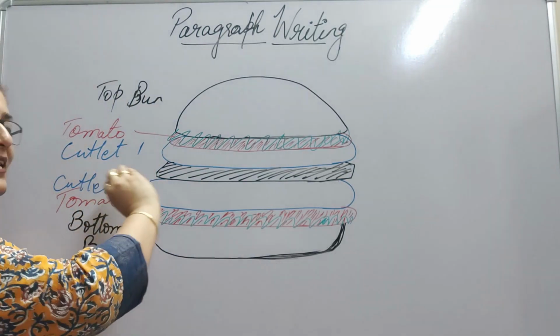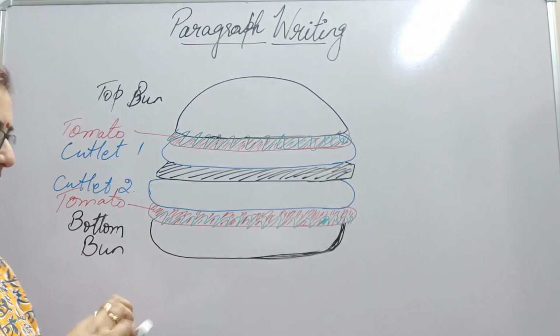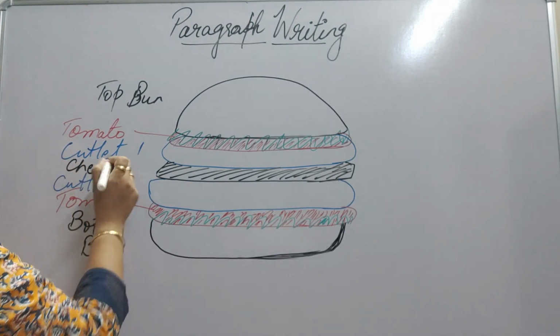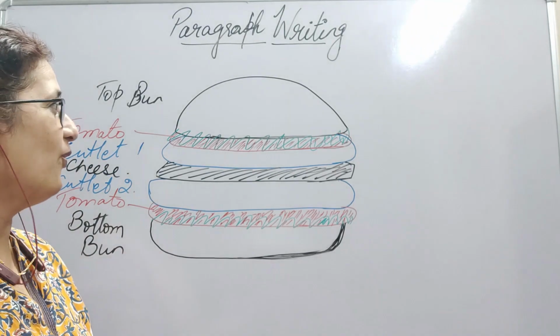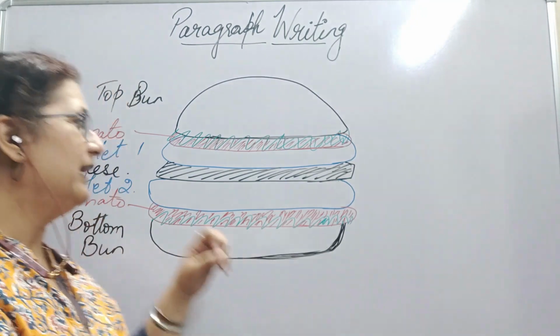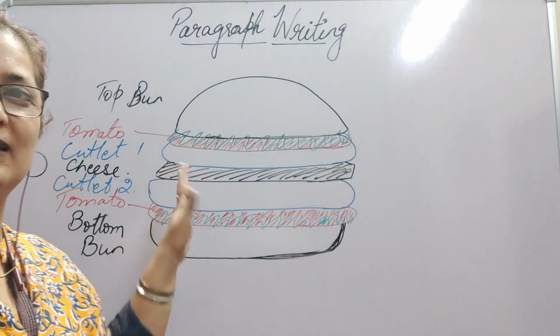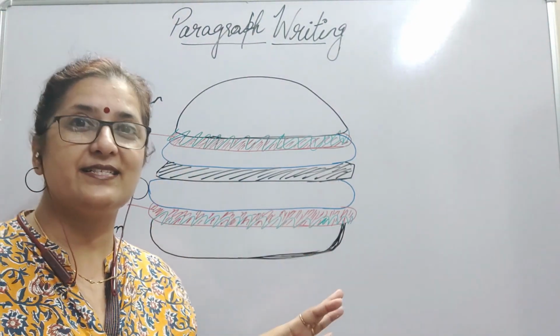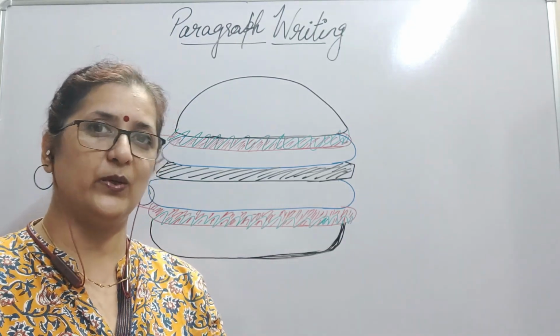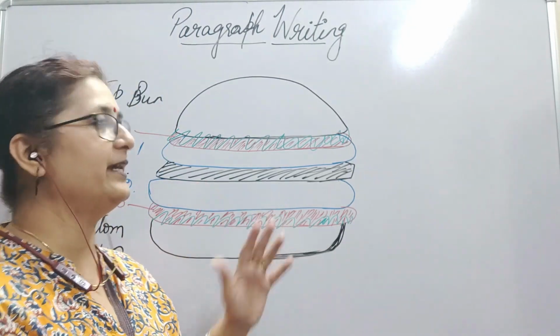Further, we have a layer of cheese in between. That extra cheese, at times we go in for it. Right. So, this is the entire burger treat that we have. Apart from all this, we have a little bit of seasonings and different ketchups and sauces, different kinds of flavors that we want. They are all in here.